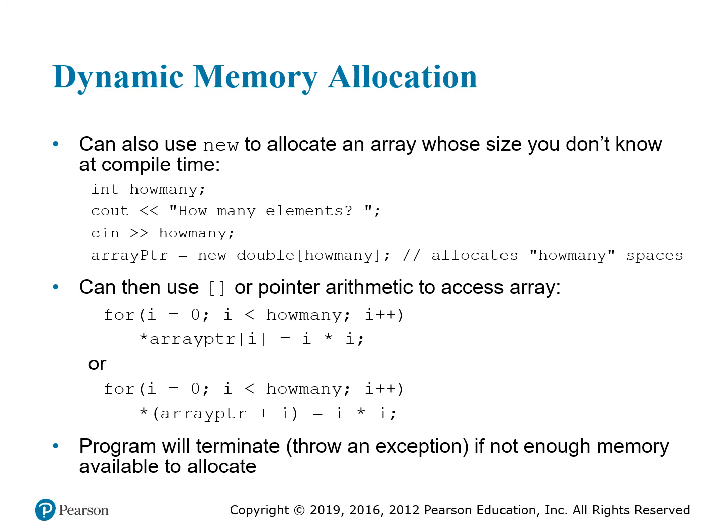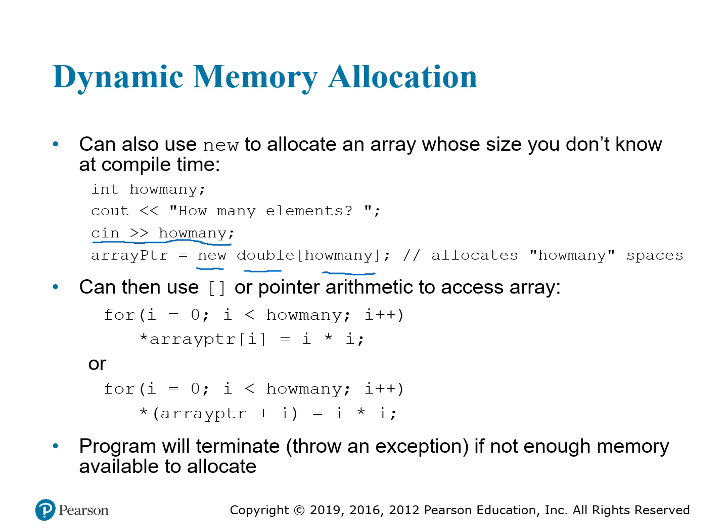And then I say, how many elements? And the user inputs how many, and I can do this. Look, I can hit new, double how many, okay, and that allocates how many spaces. I didn't know how many there were at the beginning of the program.